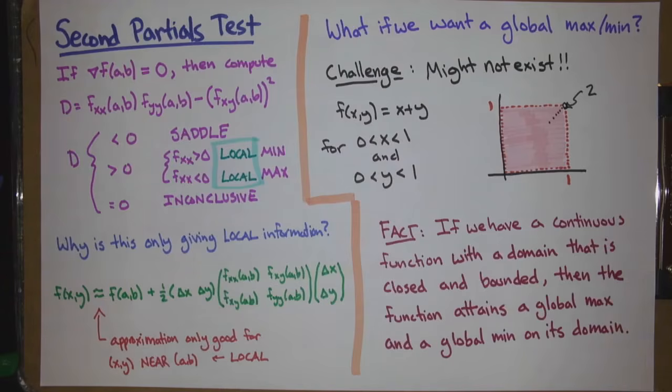But if we add some assumptions, then they are. So here are our assumptions. If you have a nice function, and nice here, the definition, is continuous. It doesn't even have to be differentiable, it just has to be continuous. And your domain is closed and bounded. Now we've used these words before. Do you remember what closed means?